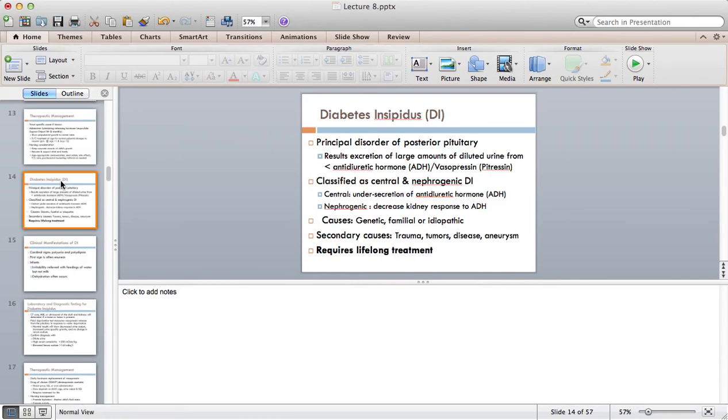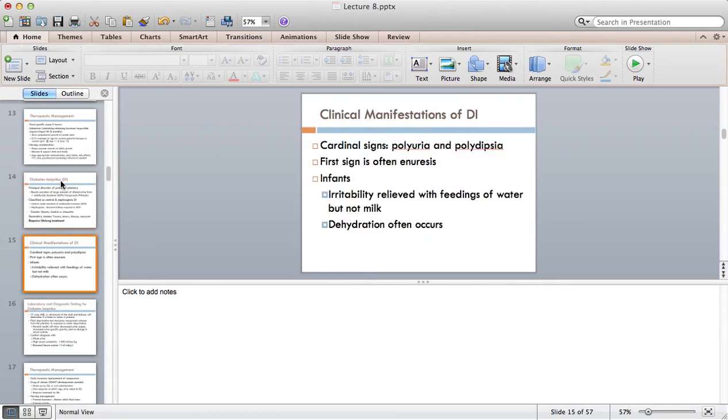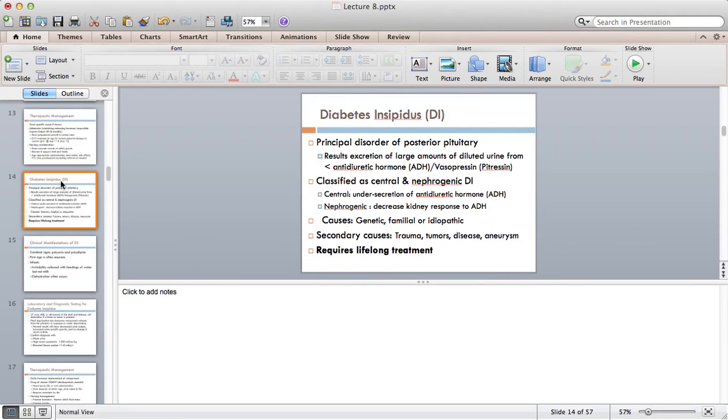With the central type, it affects the posterior pituitary gland and results in under-secretion of the antidiuretic hormone, which usually regulates the renal tubule and results in the reabsorption of fluid.